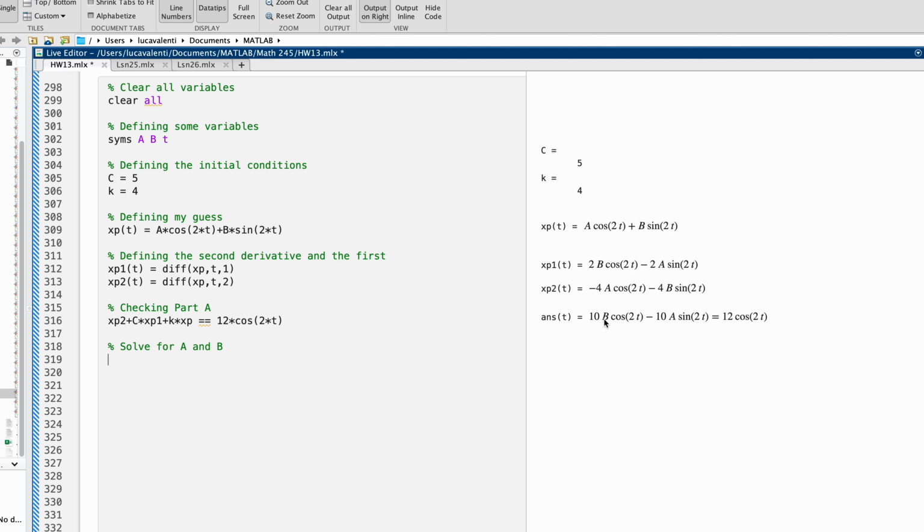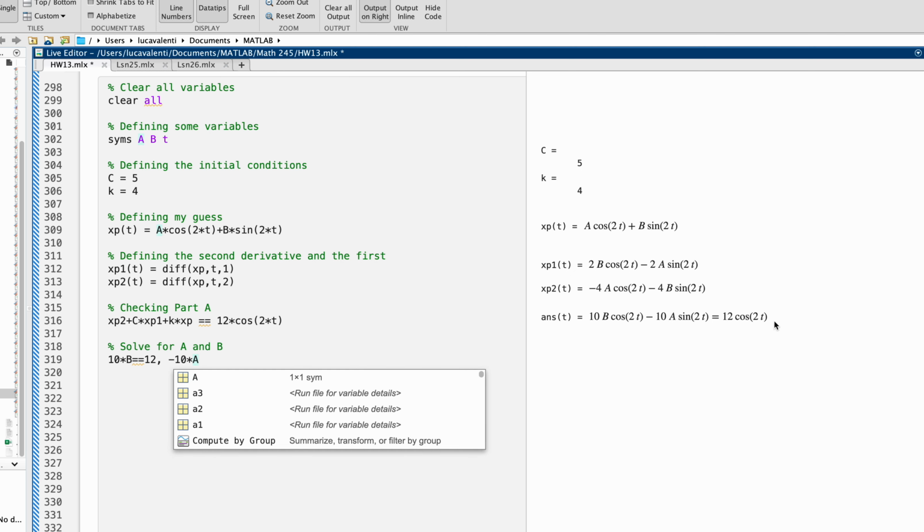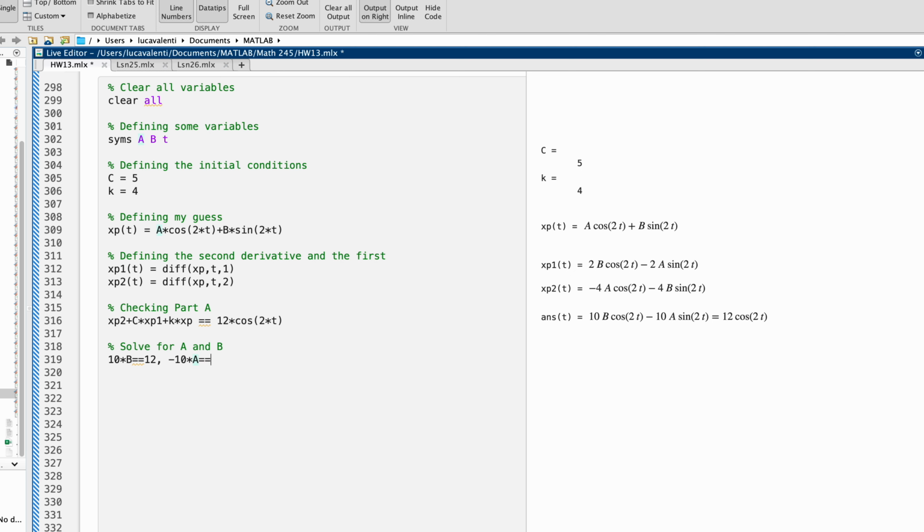So we match the coefficients. So here 10b needs to be equal to 12. So 10 times b needs to be equal to 12. And then here minus 10 times a needs to be equal to 0. Okay, so now we solve here.